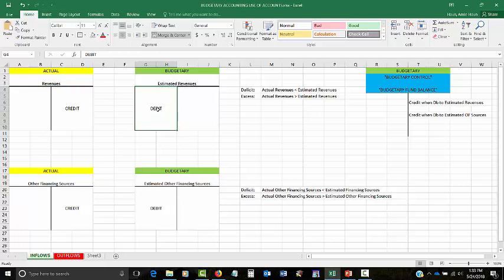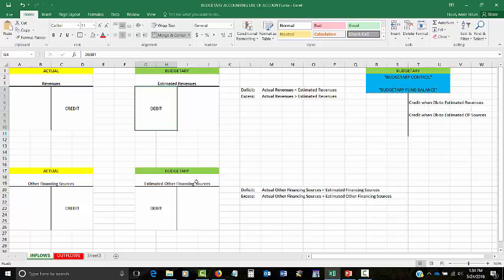Well, we know we've got to have that opposite credit there for bookkeeping purposes, so we're going to credit this BFB account for the estimated revenues. Alright, so there's our journal entry for estimated revenues.